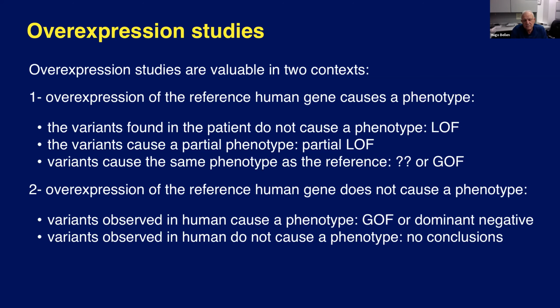So that suggests that maybe there is a gain of function or a dominant negative function associated with that variant. And then finally, if the overexpression of the wild type and the mutant neither cause a phenotype, there is essentially no conclusion.